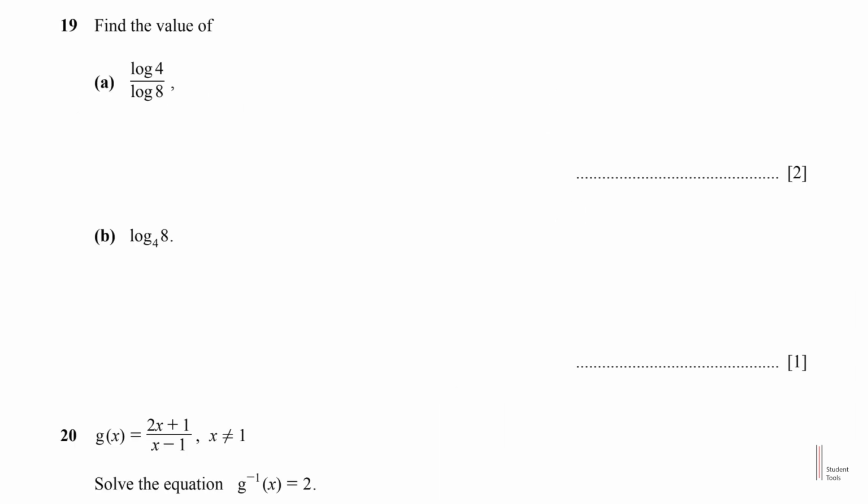Question 19 says, find the value of a. We have log 4 over log 8. So we're supposed to find the value of log 4 over log 8. So log 4 over log 8 is the same as log 4 to the base 8.